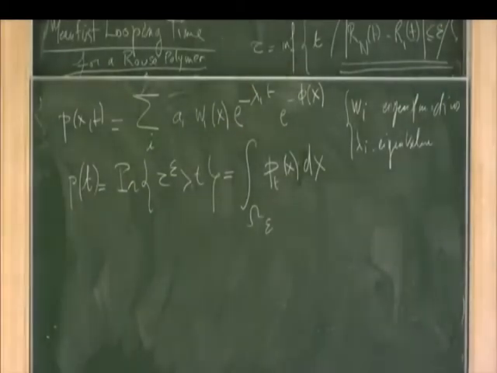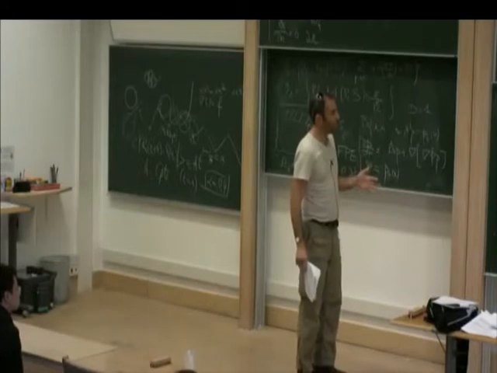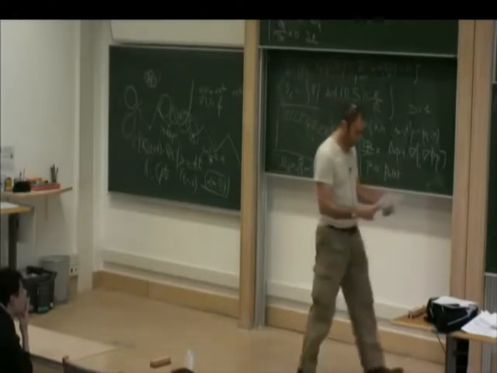Omega epsilon is omega tilde minus S epsilon. So if you integrate the probability distribution function over your space, you're still inside, so you haven't formed the loop. So this is correct.